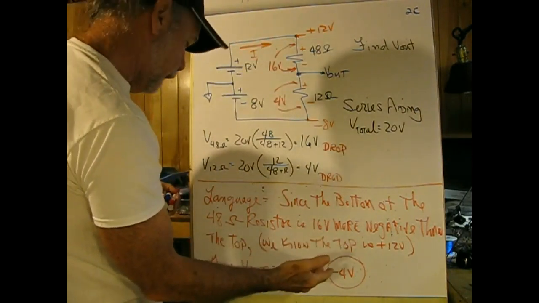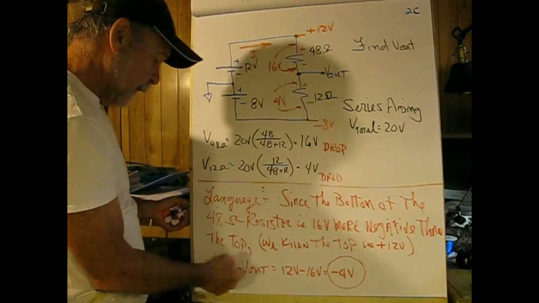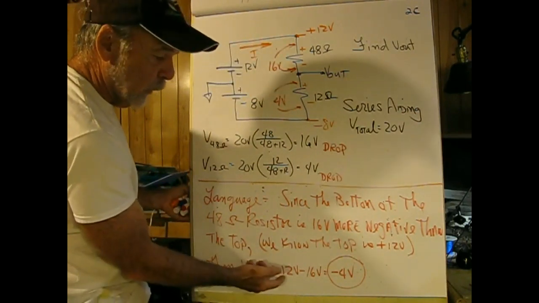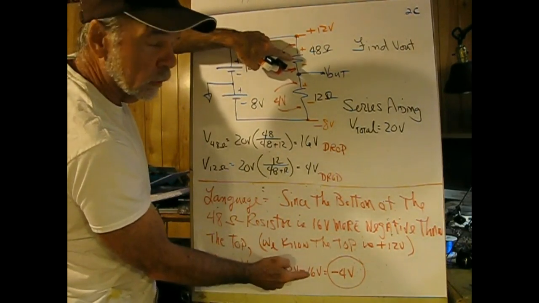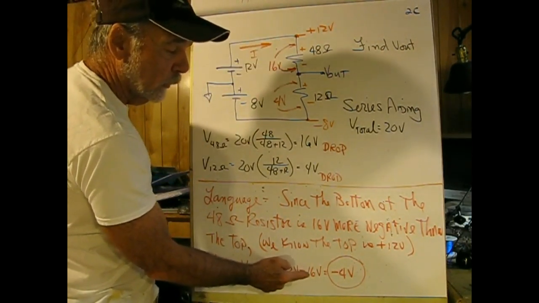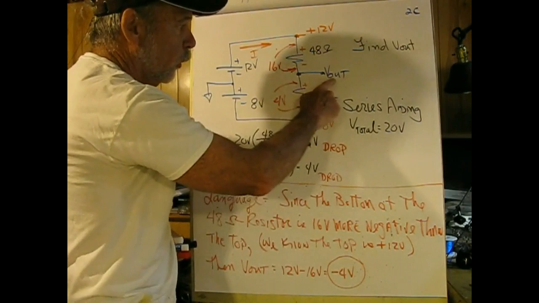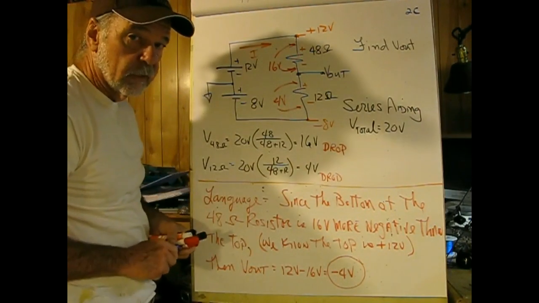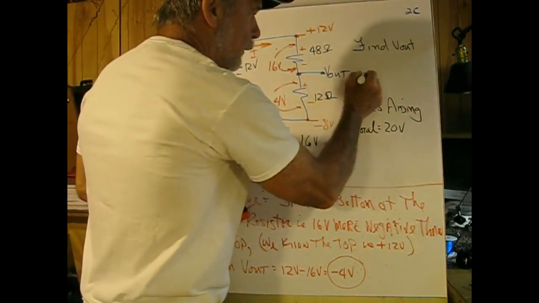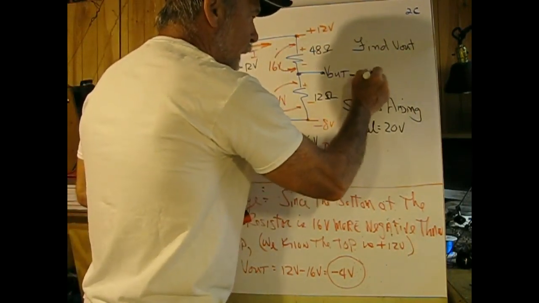Therefore, it's just a matter of taking the 12 volts that we have here, subtracting from it the 16 volt drop across the resistor, which gives us negative 4 volts for V out. Remembering that V out is a doubly subscripted variable, and the second subscript is ground.